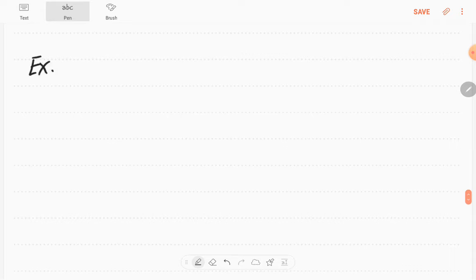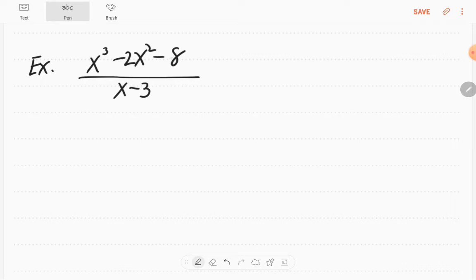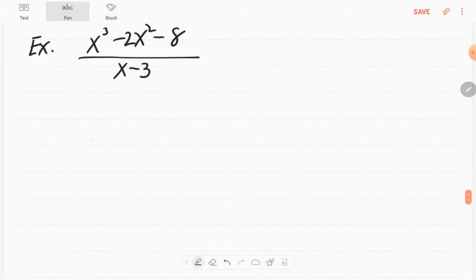Another example, x cubed minus 2x squared minus 8 divided by x minus 3. You can see that for the dividend, the x term is missing, right?